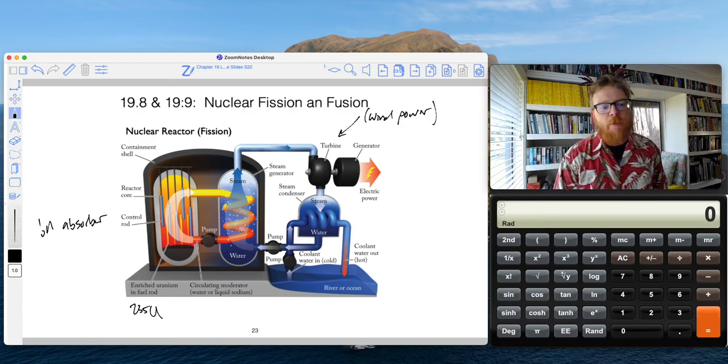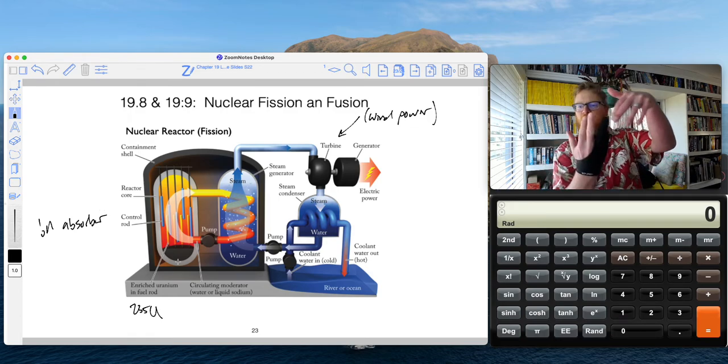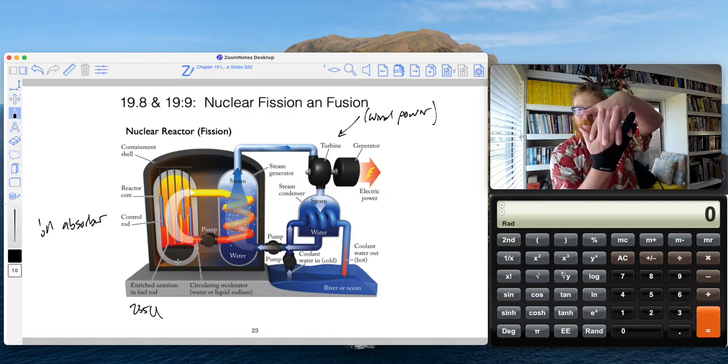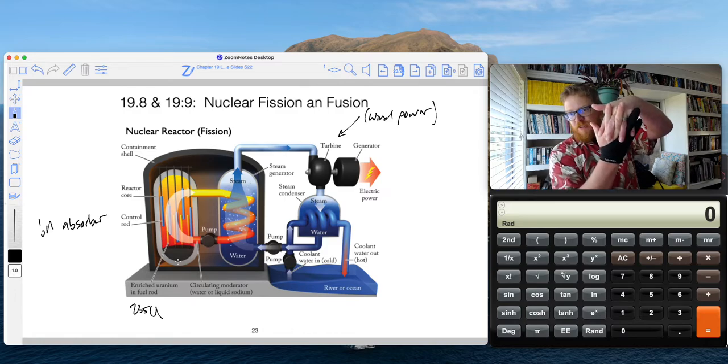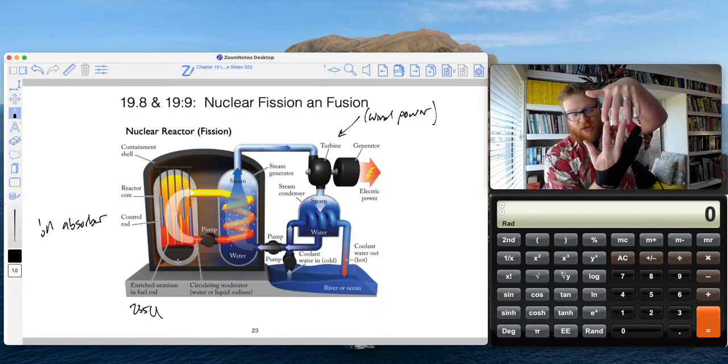It limits how much heat is produced. If you want to turn off the reaction, you mesh those control rods together with the reactor core, and they absorb all of those neutrons. If you want more reaction to happen, you lift those up and allow some of those neutrons to escape and create the chain reaction.